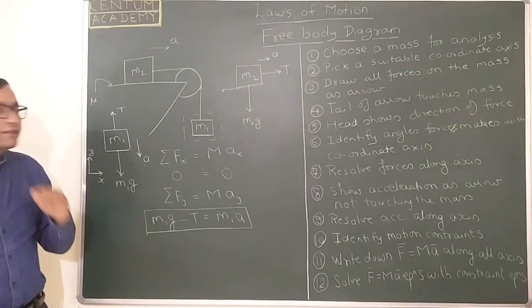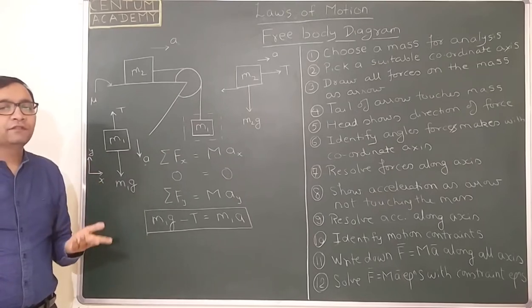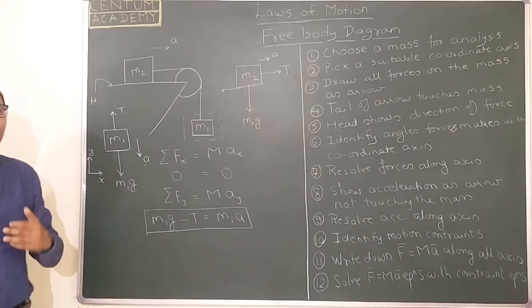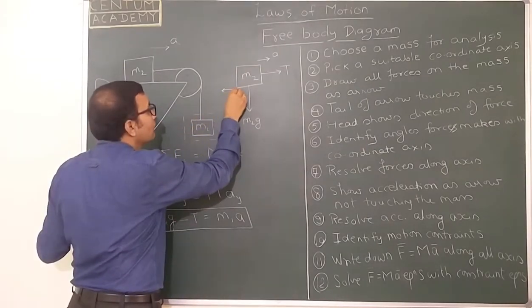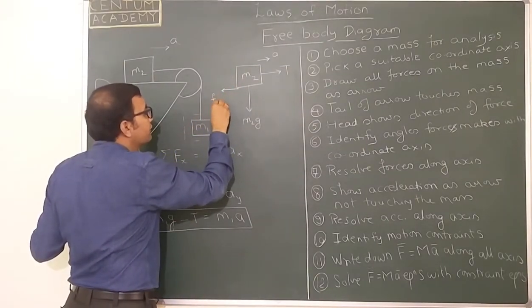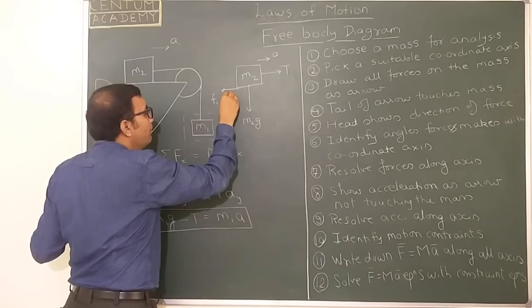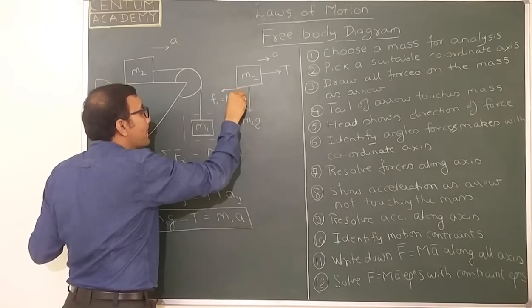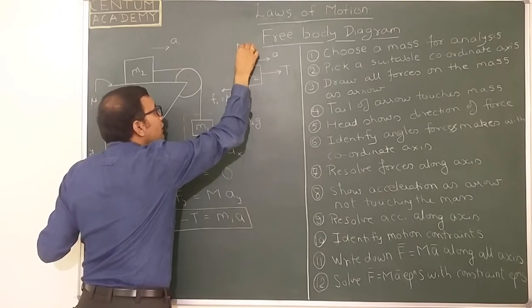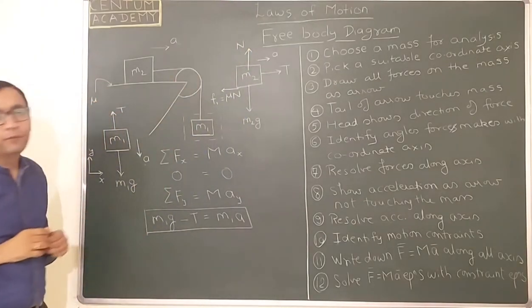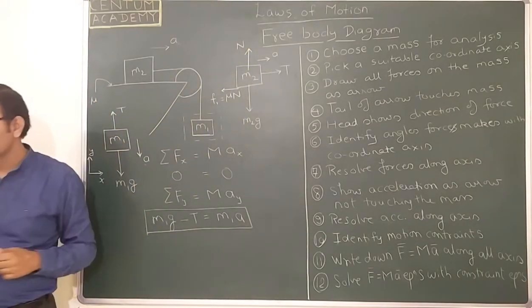Since we have assumed that m2 is moving, the friction force will be constant and its value will be mu times the normal reaction. So this friction force will be equal to mu times N, and there is another force, the normal reaction N on m2. Okay?